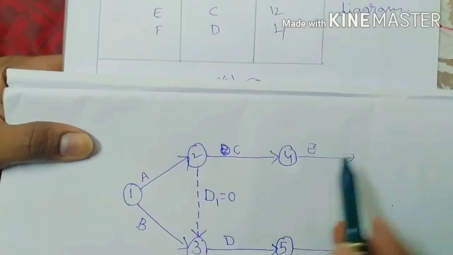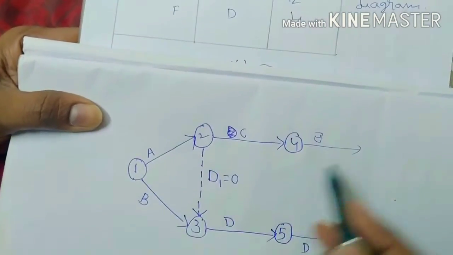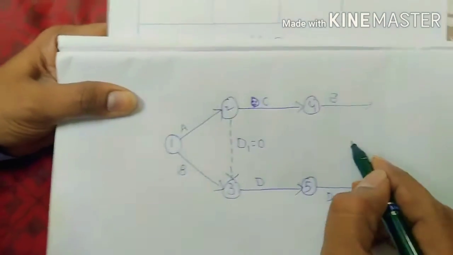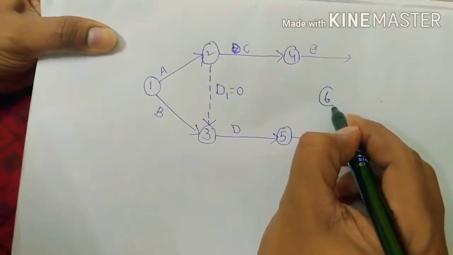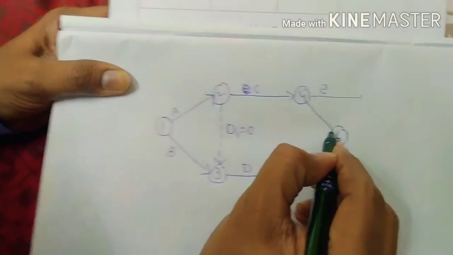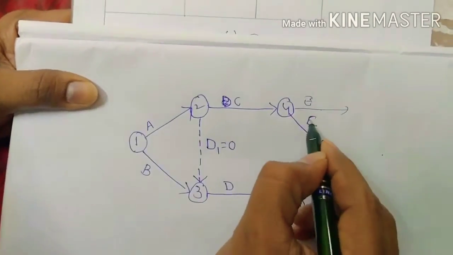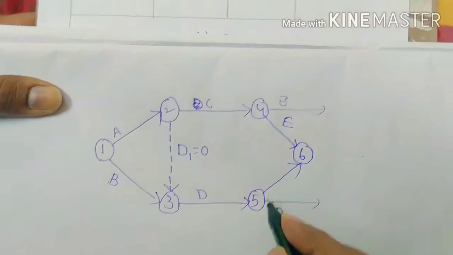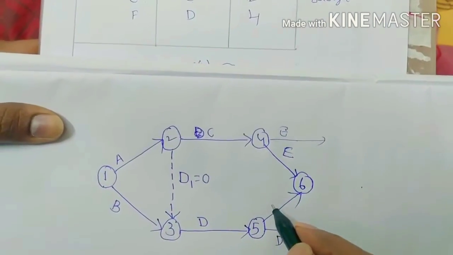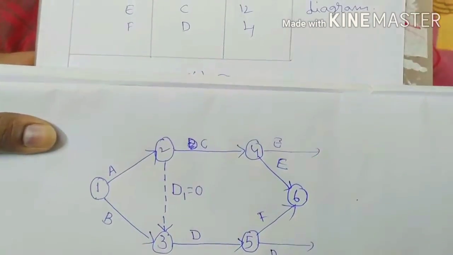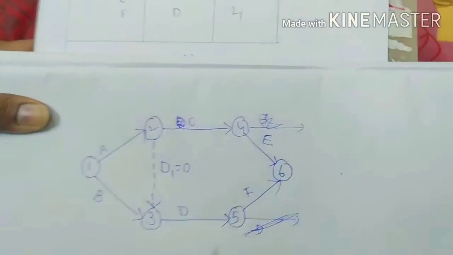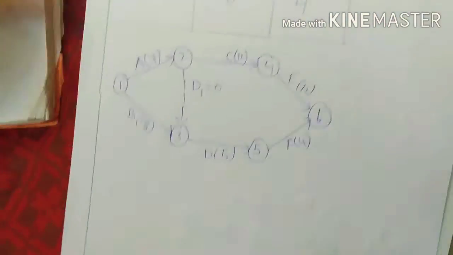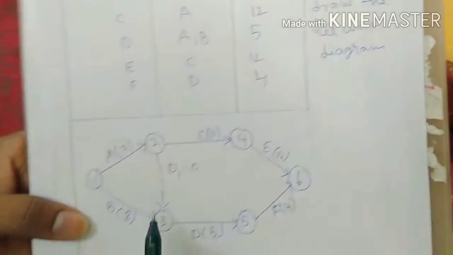But if you look here, E activity, D activity, there are two ending points. It is not a correct one. That's why here we will mention this one as E and this one as F. So now you can see how effective this is.